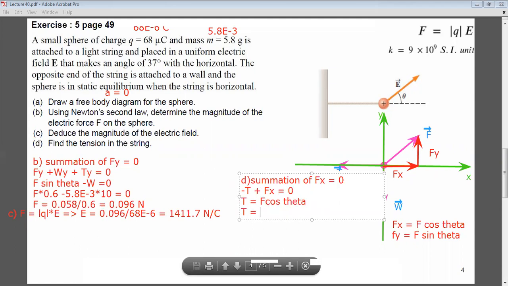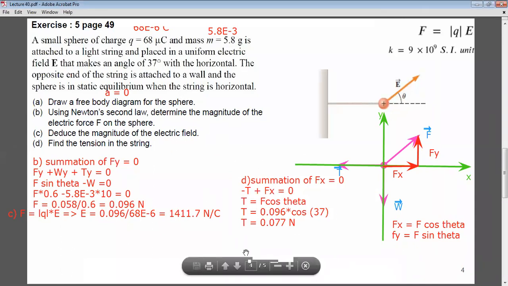So tension will be 0.096 times cosine 37, and I get tension is 0.077 Newton.